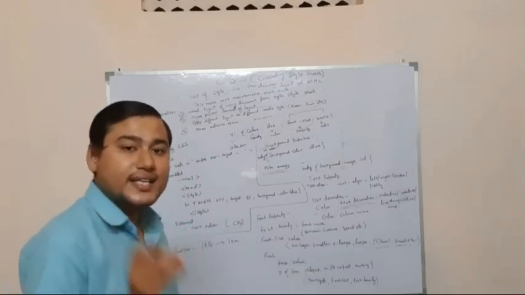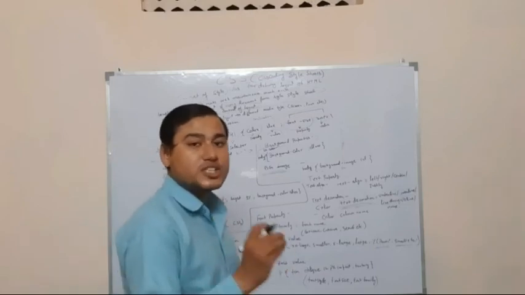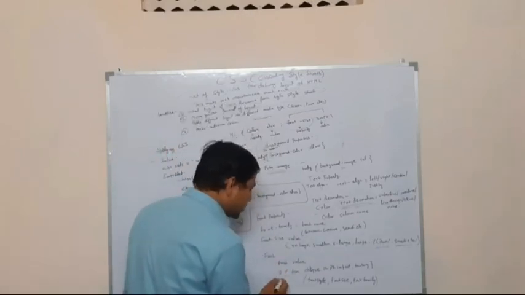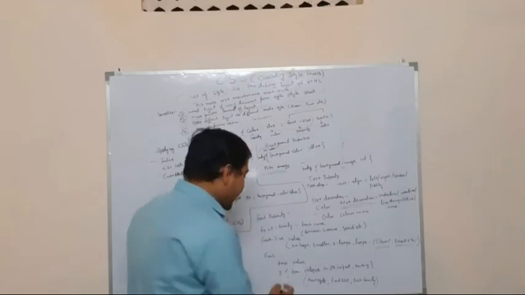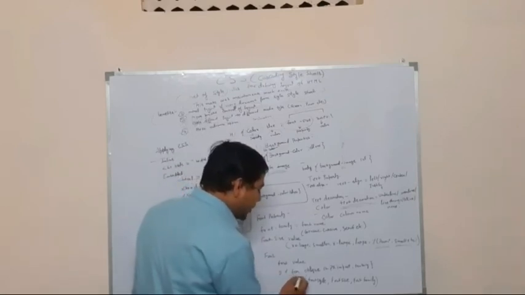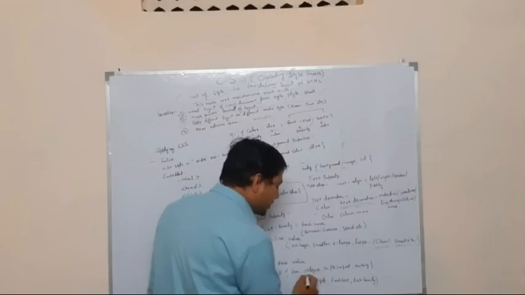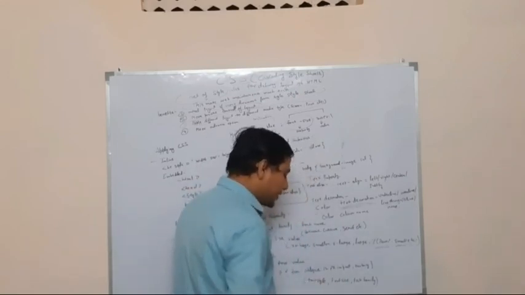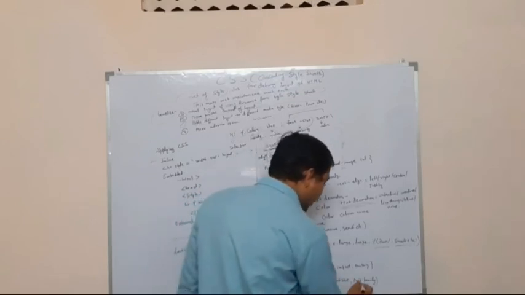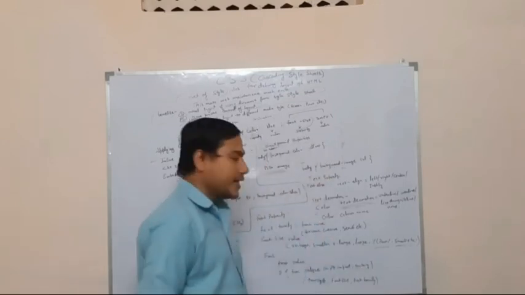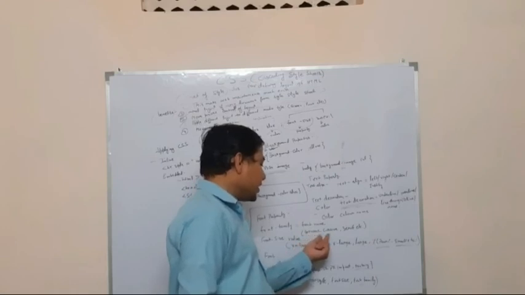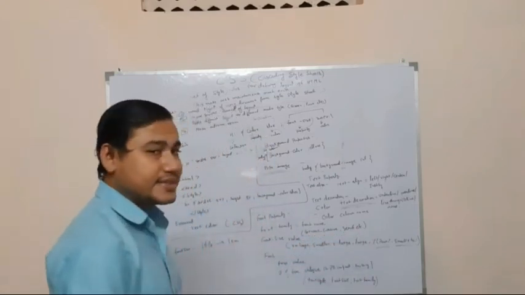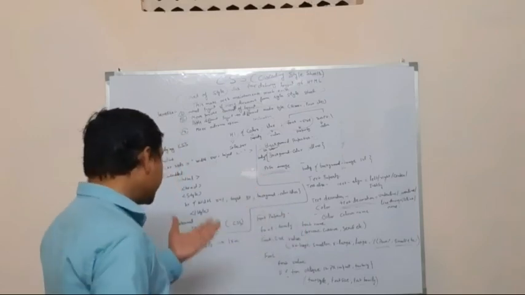For selecting the font property, you select any selector, like paragraph, which I have selected, then write font. Then write the font style, which is oblique, then the font size, 12px, and then the font family, fantasy or any other, like generic, cursive, serif, etc. So all the CSS I have mentioned is covered here.